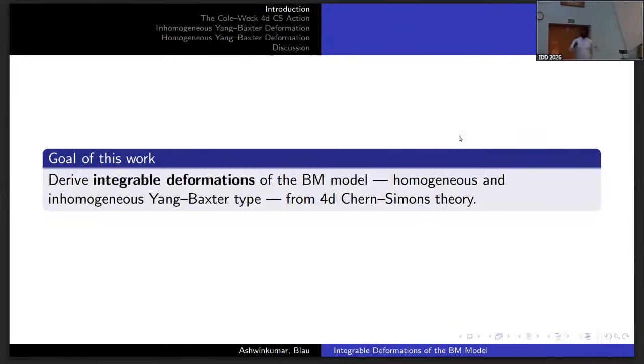So the goal is to derive the integrable deformations of this BM model, both homogeneous and inhomogeneous Yang-Baxter type, from 4D Chern-Simons theory. As we shall see, we find a very nice match to the results of Cesaro and Osten.